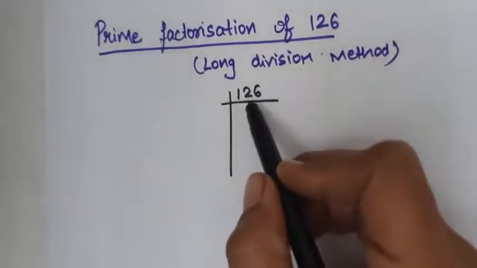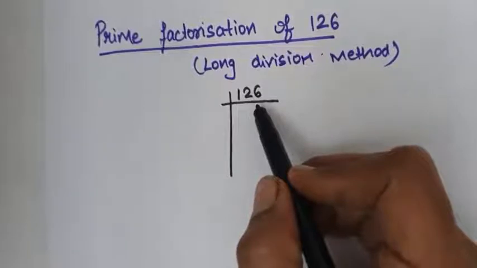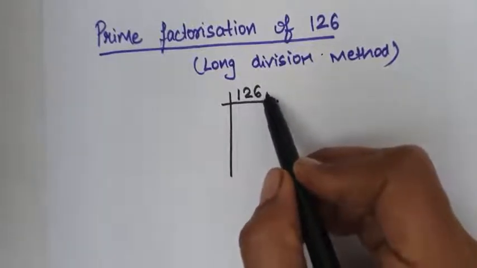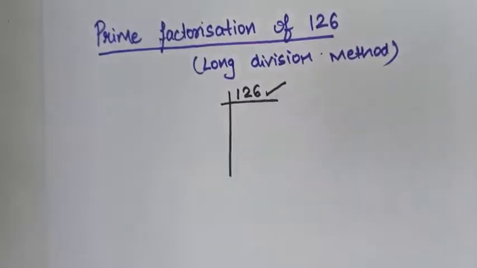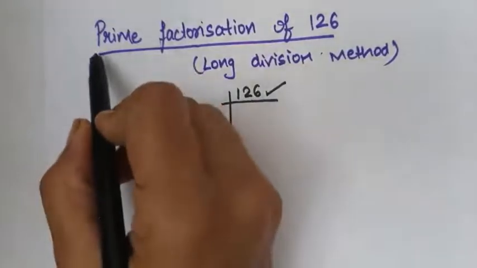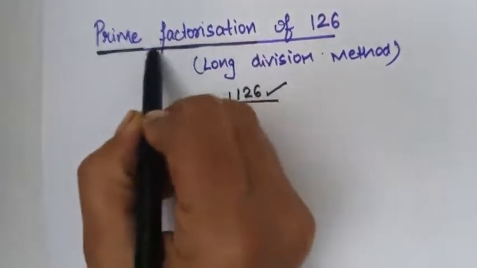The number is 126. Now think of the smallest prime number in whose table 126 comes. Students, think only of a prime number, because we are doing the prime factorization.